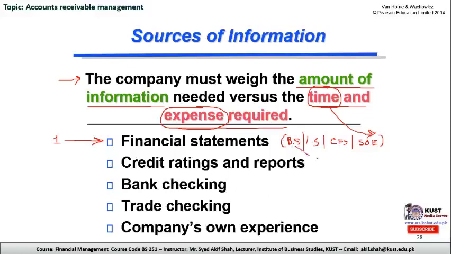As we know, the balance sheet tells the financial position of a company or that firm which is approaching as credit applicant to our company. The income statement tells us whether the company is in profit or loss. The cash flow statement tells us the cash position, or cash inflow and outflow, of that particular company. And similarly, the owner contribution, or risk minimizing portion of capital, could be judged from the statement of owner's equity.